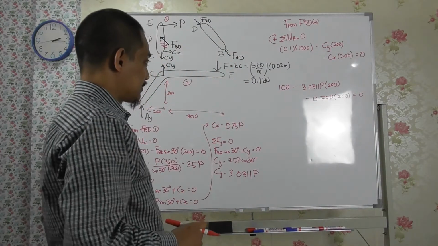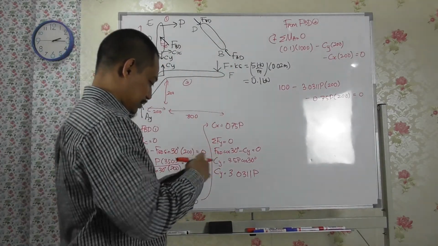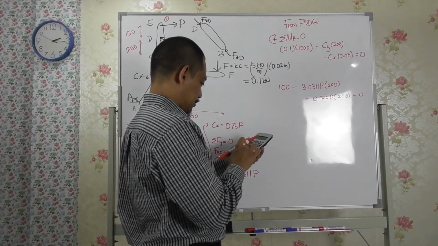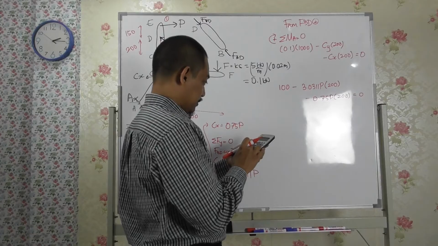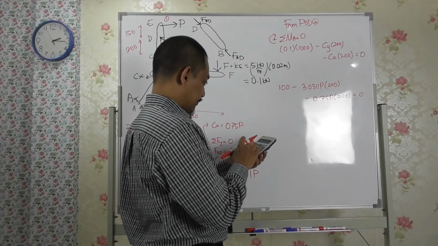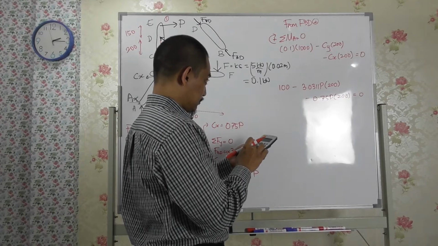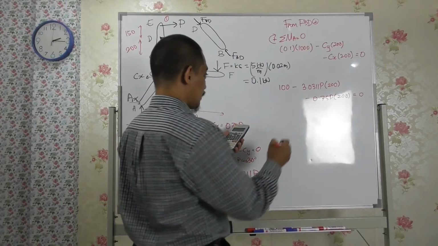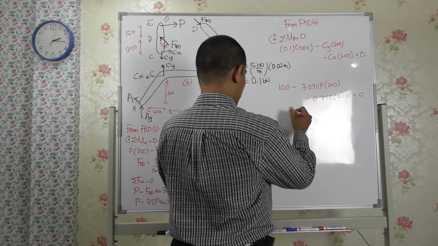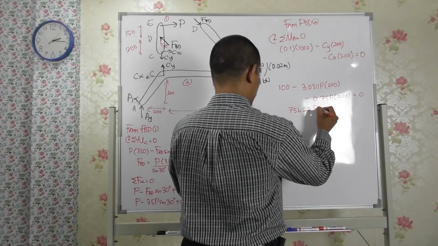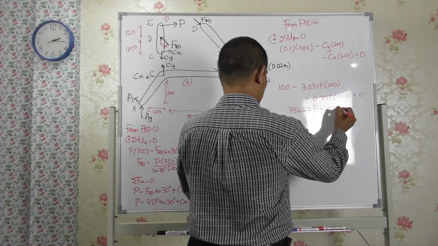So if you calculate this, I'm calculating on the go here. 3.0311 times 200 and then 0.75 times 200. So you will get 756.22p equal to 100.